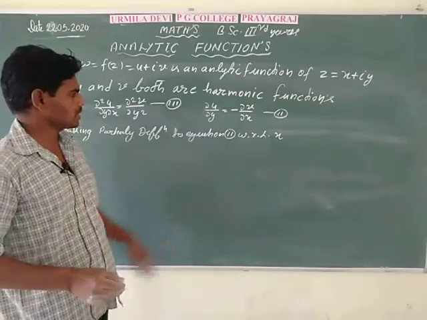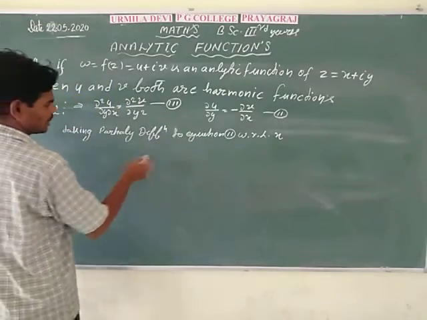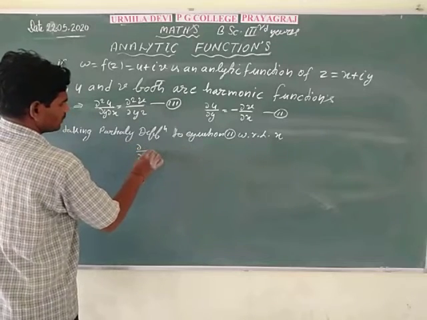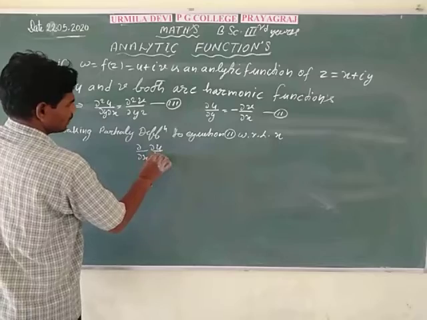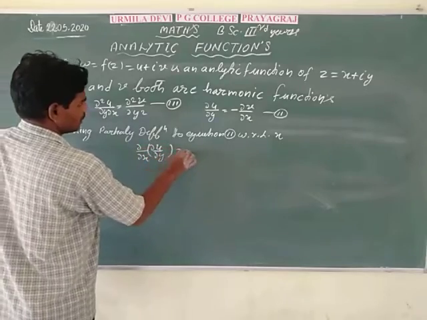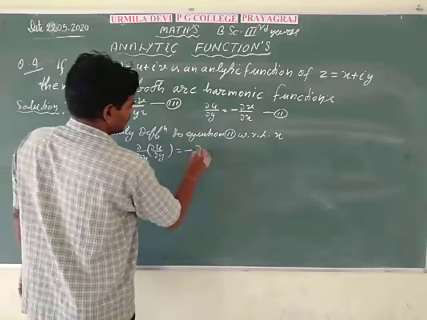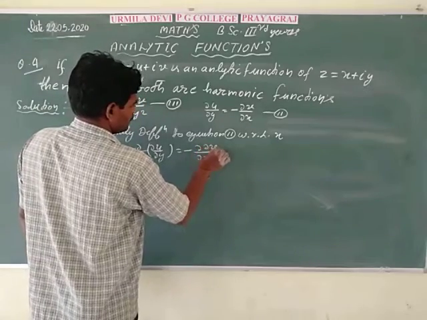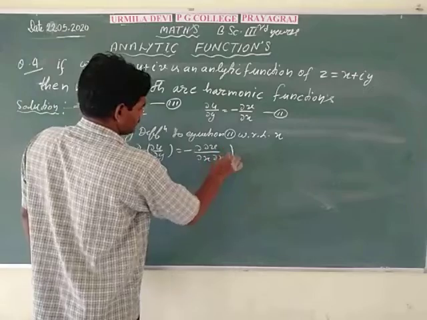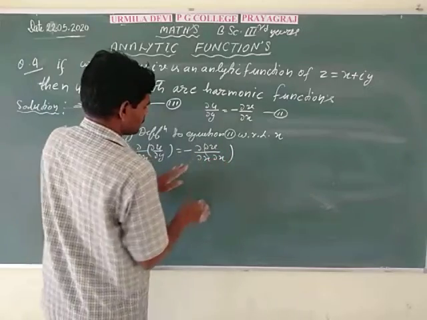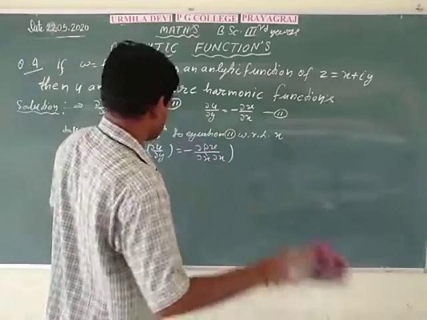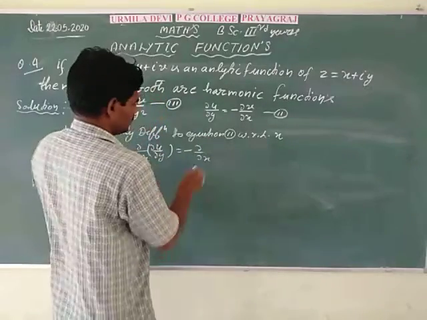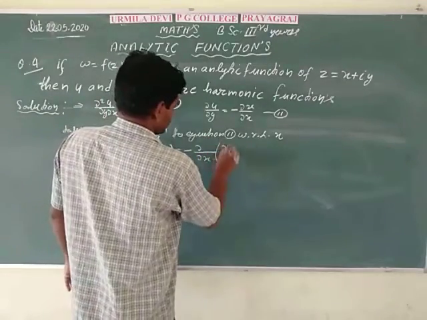So differentiating equation second with respect to x: del by del x of del u by del y is equal to minus del by del x of del v by del x.